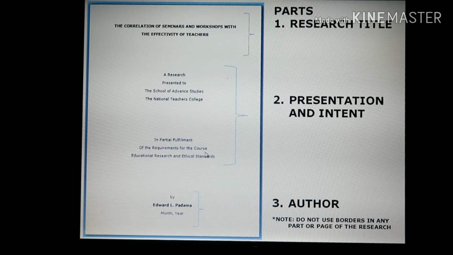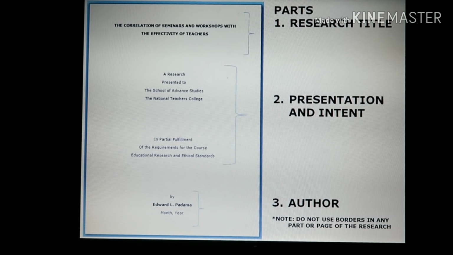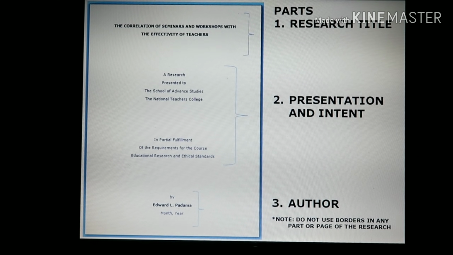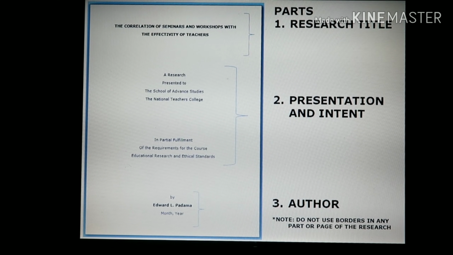So what are you going to change? You have to change this if you are submitting this for a particular subject, a particular program, or in this case, particular course. So if you are using this in the undergraduate level, so the term that you're using is course, program, or subject, you have to change this particular part or wording of this cover page.